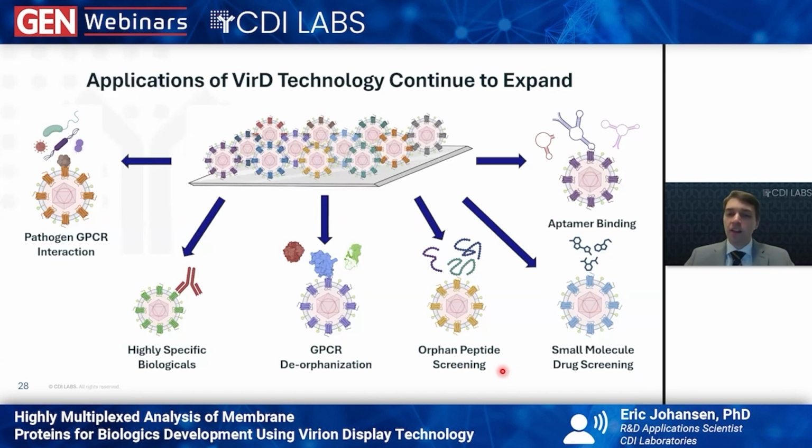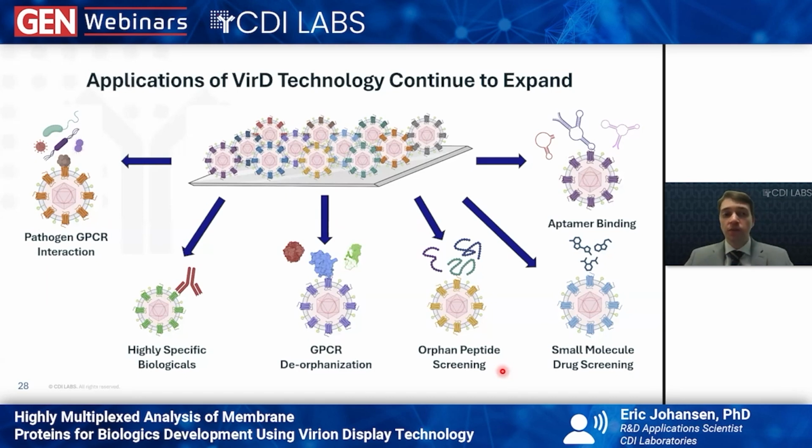But we can still use this to do drug screening. Aptamers are becoming more prominent as a new class of therapeutics, as well as looking at pathogen GPCR interactions. So we encourage you to think of how these virions could be a tool for your future research.